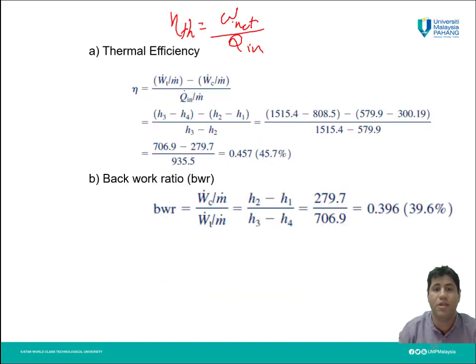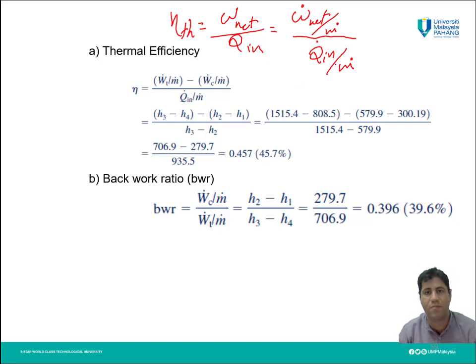In other words, what we have here actually is W dot net divided by M dot. Then this will be equal to W net divided by Q dot in divided by M dot. Why do we have M dot? Because the mass flow rate is constant through the whole cycle.